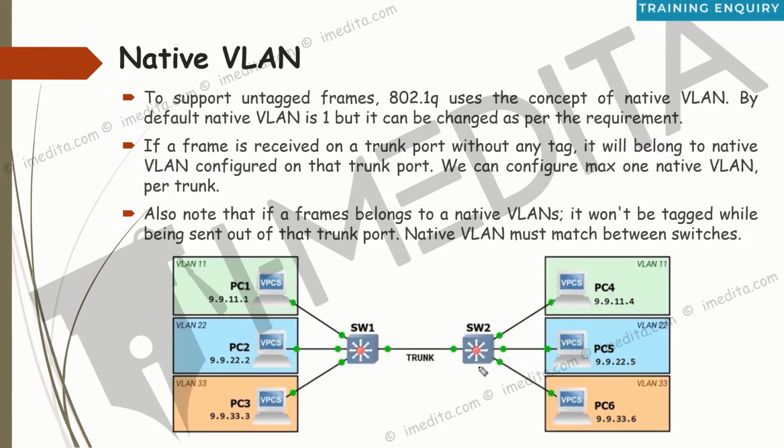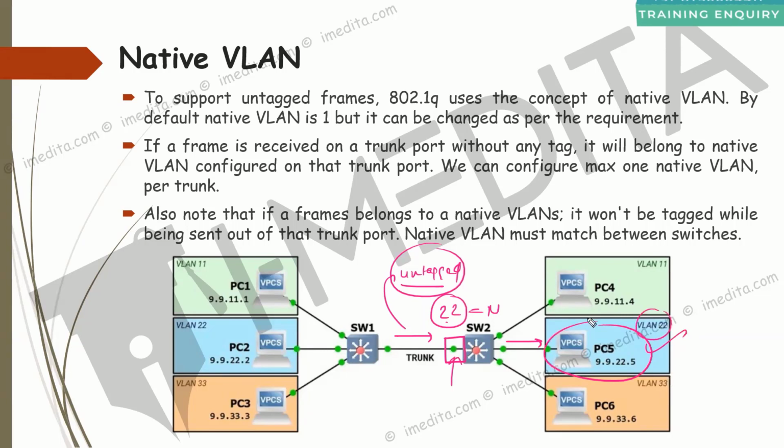So let's say I configure VLAN 22 as the native VLAN, and I receive data that is not having any tag. Switch will see that on the trunk link, I have received an untagged frame. What is the native VLAN configured onto that trunk link? 22. Data will be forwarded towards the users in VLAN 22.